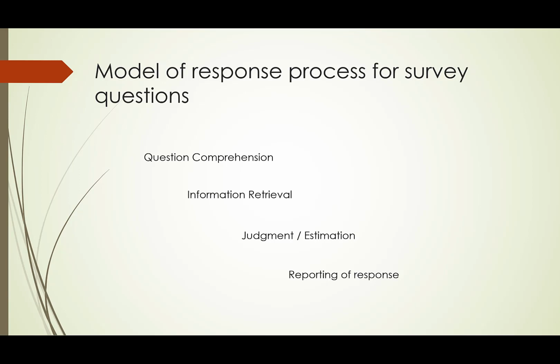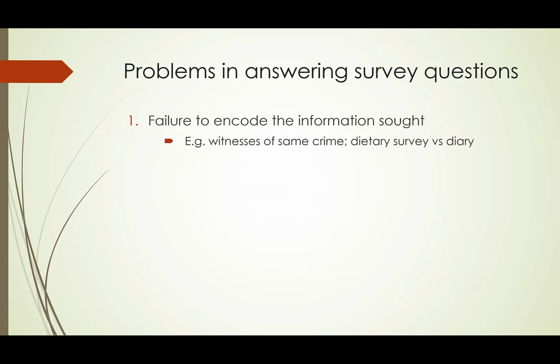Based on that, several problems can occur that we want to be aware of. And one of these, to get to your question, Lynn, is failure to encode the information sought. For example, I remember as a kid one of our neighbors got robbed, and some of my friends and I who were playing outside saw the person. The police asked us to describe what we saw, and we all described things very differently.